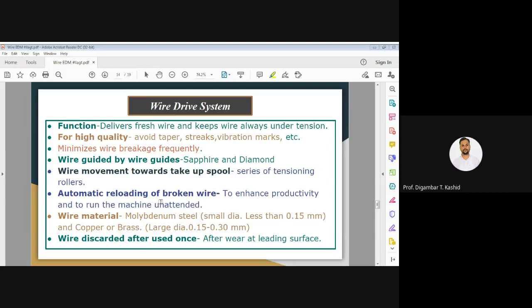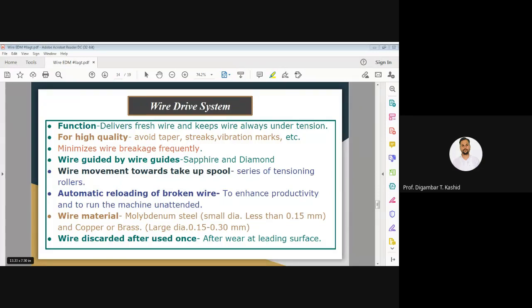Nowadays automatic reloading of the broken wire is used everywhere. So even without a worker, you can reload the wire using the automatic reloading.